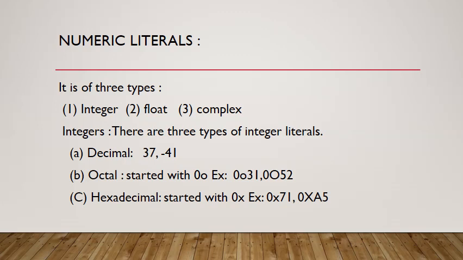And last is hexadecimal literal. It can be written by using hexadecimal digits, but it starts with 0x. X can be in lowercase or in uppercase, like 0x71 or 0xA5.